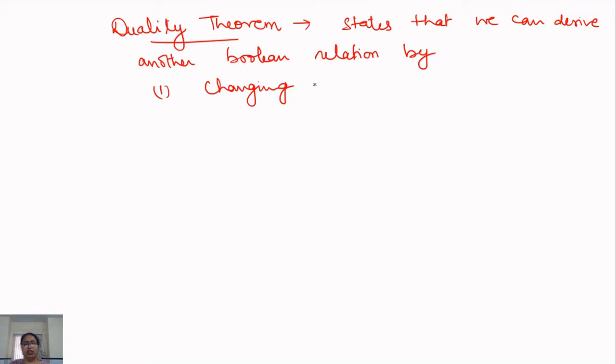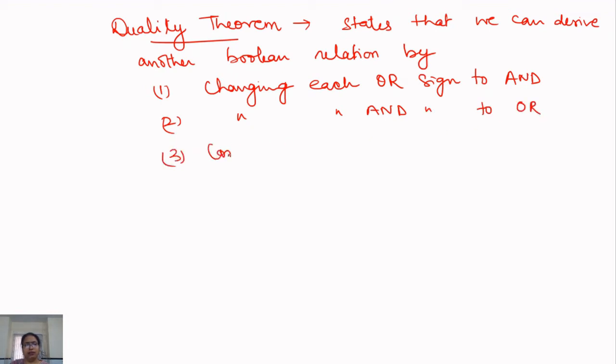By changing each OR sign to an AND sign, changing each AND sign to an OR sign, and complementing any 0 or 1 appearing in the expression.